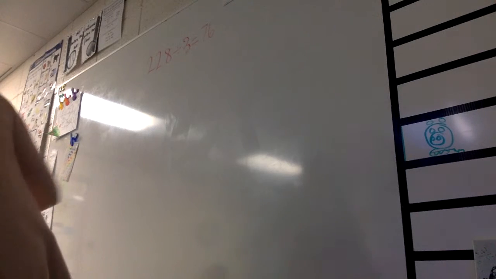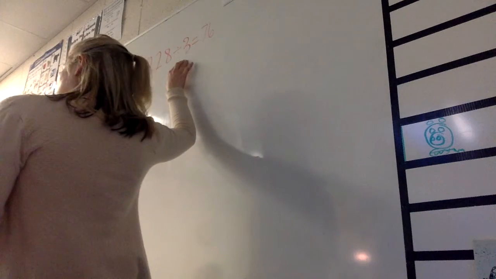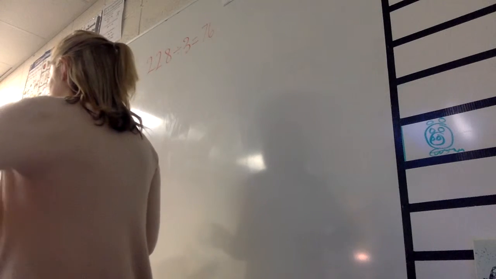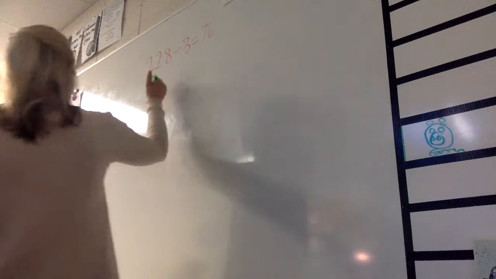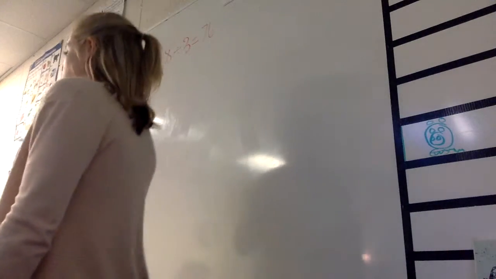So 228 divided by 3 equals 76. What two numbers will I multiply to find if this problem is true? Will I do 228 times 3? No. I'm not doing division, I'm using multiplication. So I want to use the quotient.